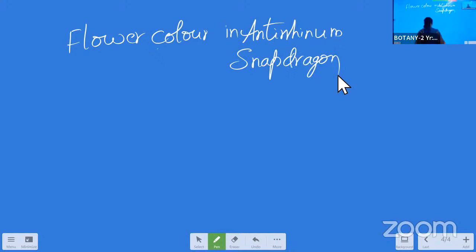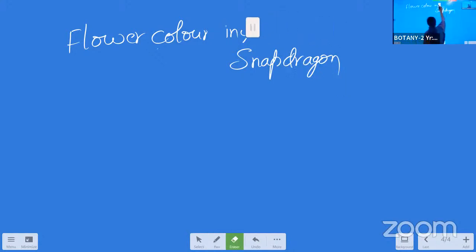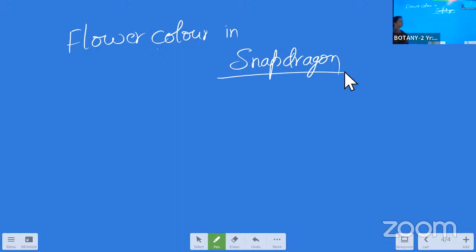This is easy, so go with this. Snapdragon is the easiest word, so we have to go with this word. So the flower color in the snapdragon. What will it do in this? The dominant color, the original color in this, is red.